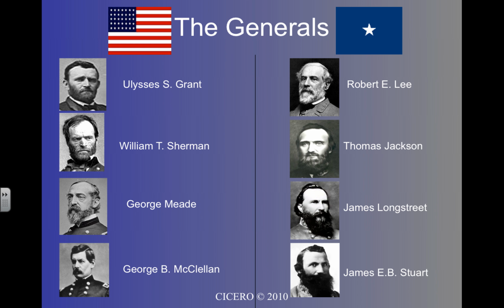Other generals on this list, you have George Meade, and then you have a guy on the Union side by the name of William T. Sherman, or William Tecumseh Sherman. William T. Sherman was the general, the head of an army that essentially ended the war. He made his famous march to Atlanta, or march to the sea, and he did something called total warfare.